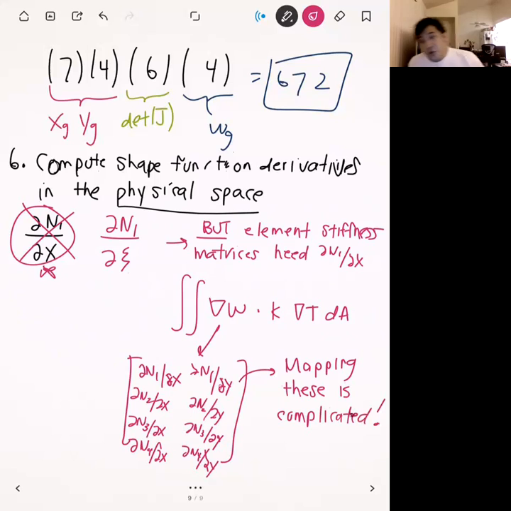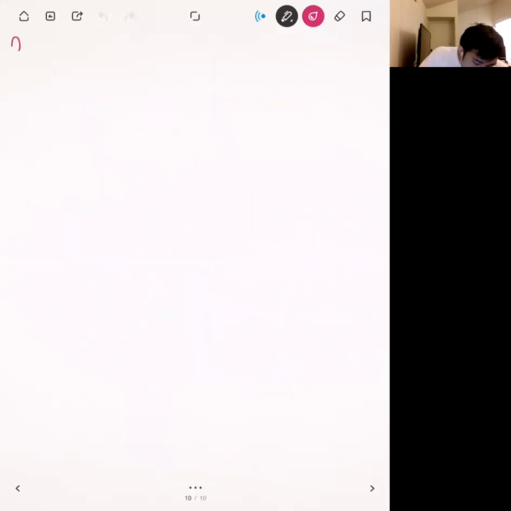What we can do for the mapping is make use of the fact that we have our Jacobian, or we can make use of the chain rule. Even though we don't have partial N1 partial x, we can write this in terms of the shape function derivatives that we do have.